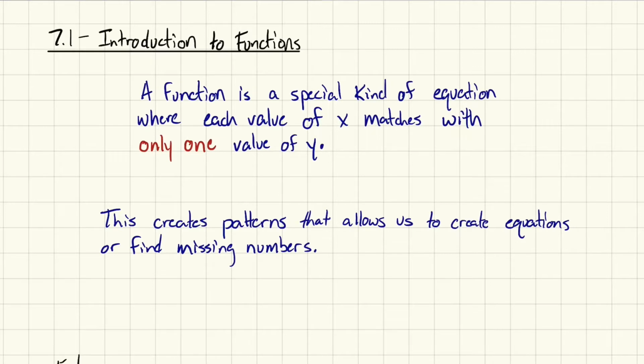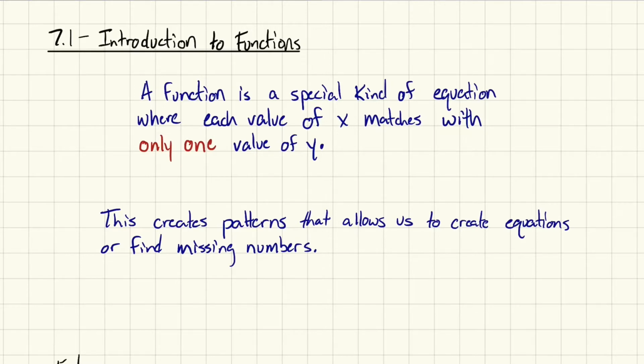Now, we've covered a lot of things having to do with equations and especially linear equations for the past few chapters. And now we are going to move on to a special kind of equation called a function. A function is special because for each value of x, there is only one matching value of y.